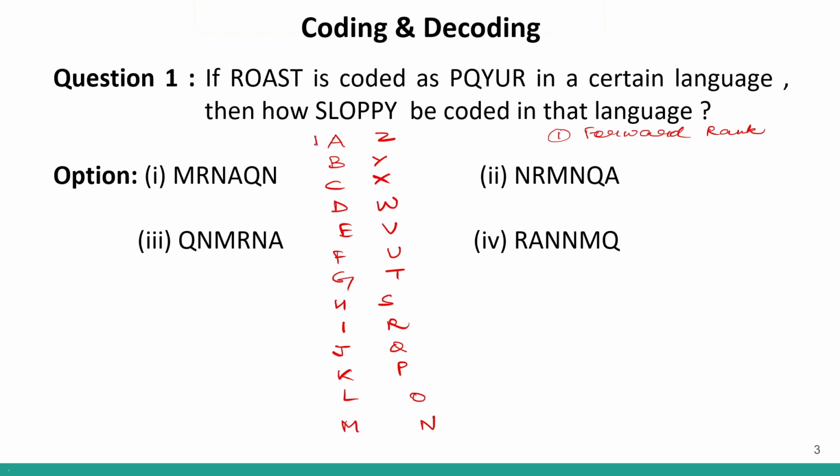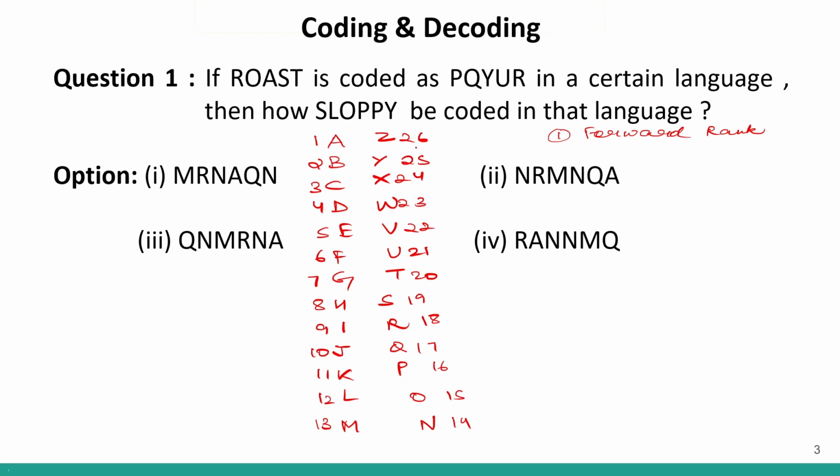A is 1, B is 2, and so on up till 26 for Z. These are our forward ranks. Basically, we assign them numbers in increasing order.